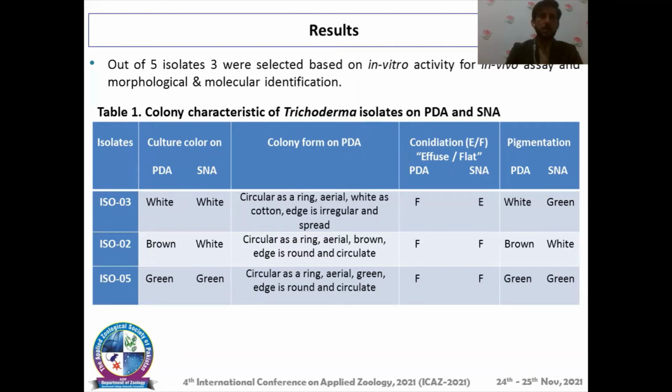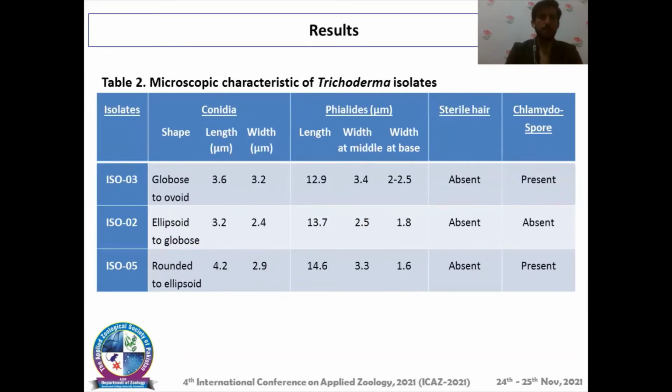Table 1 shows colony characteristics of Trichoderma isolates on PDA and SNA, synthetic nutrient agar. All three isolates have shown different characteristics on different media. Characteristics such as color of the culture, colony form on PDA, conidiation, and pigmentation were noticed.